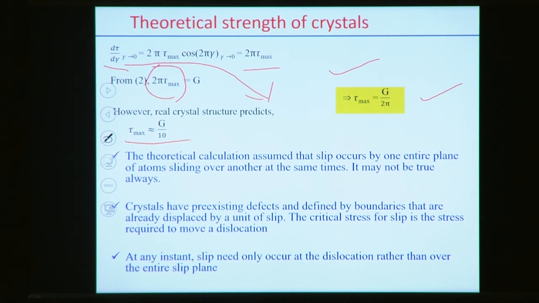The critical stress for slip is the stress required to move a dislocation. So at any instant, slip need only occur at the dislocation rather than over the entire slip plane. So accordingly, we find there is a mismatch of the theoretical prediction.